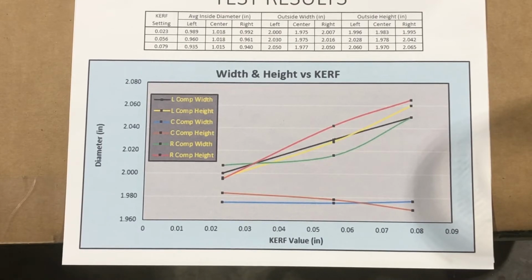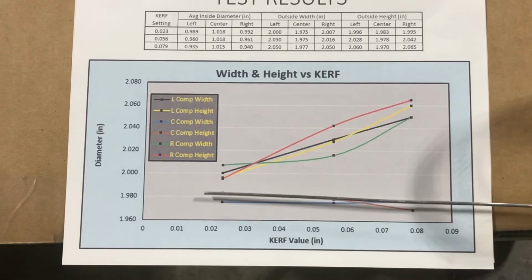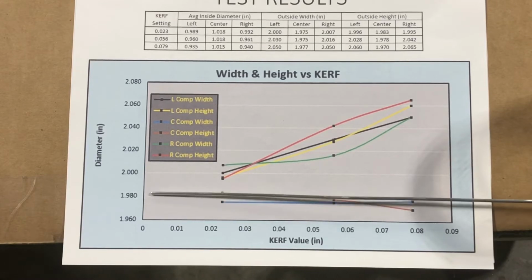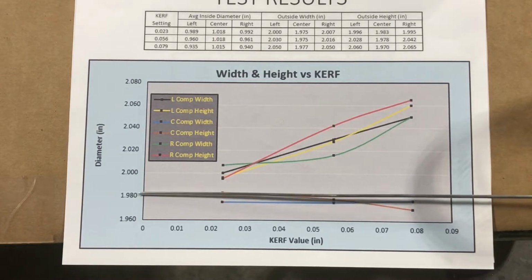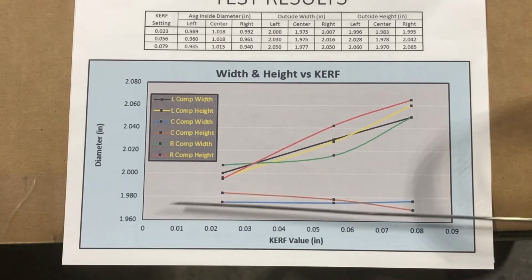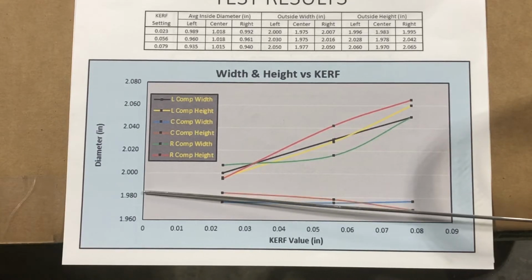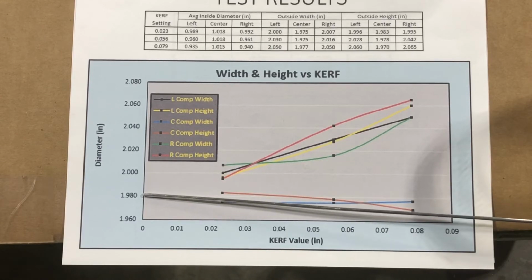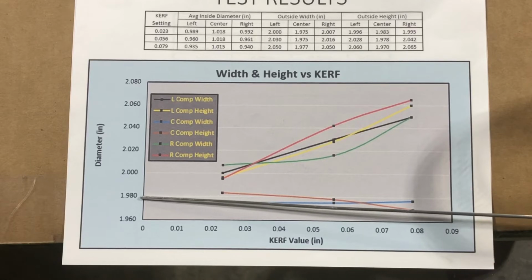Notice also that just like when we were looking at the 1-inch diameter circle, we can look at the values for center and get some sort of an idea of what our kerf is. So if we were to extrapolate these out and look at where those basically are going to wind up, although they seem to be going in opposite directions, if we took an average there, that's basically saying if I wanted 2-inch, what I'm actually seeing there is 20 thousandths difference.